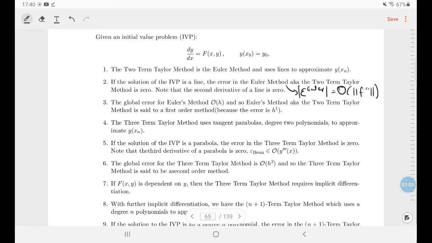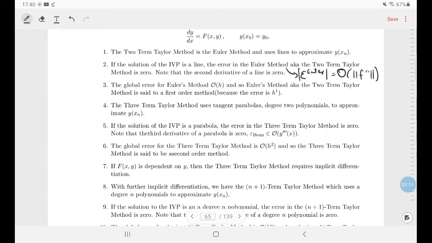The three-term Taylor method uses tangent parabolas, degree 2 polynomials, to approximate. If the solution of the initial value problem is a parabola, the error in the three-term Taylor method is zero. The third derivative of a parabola is zero, and the error in the three-term Taylor method is order of the third derivative.